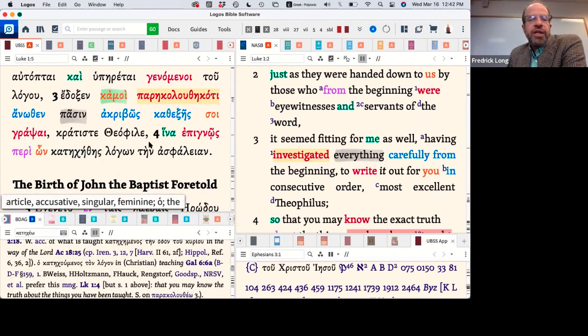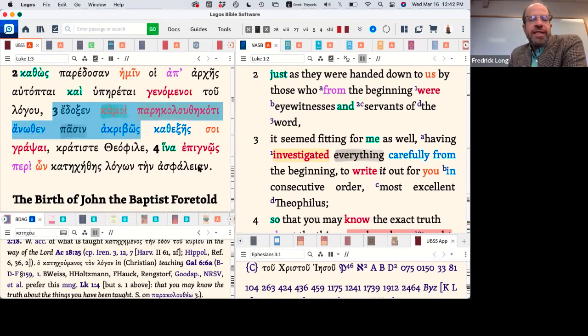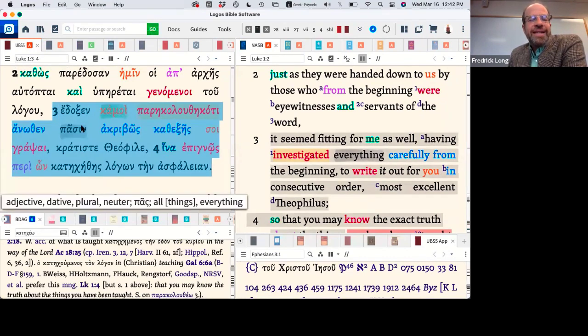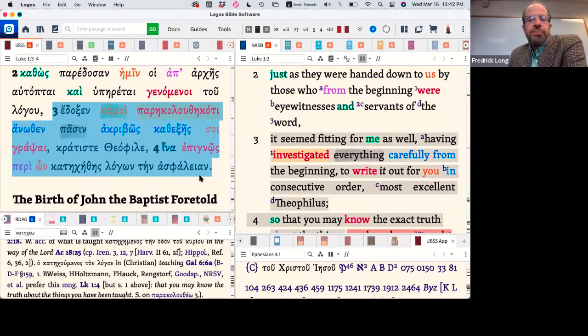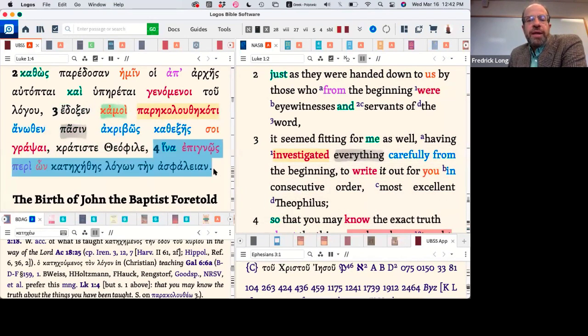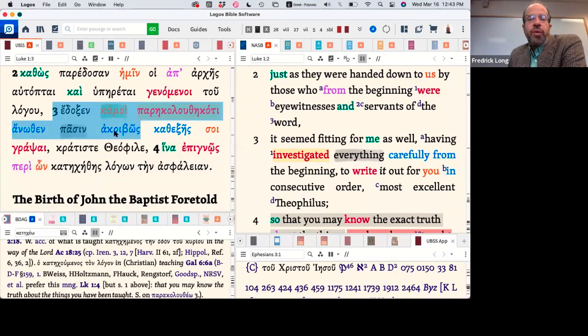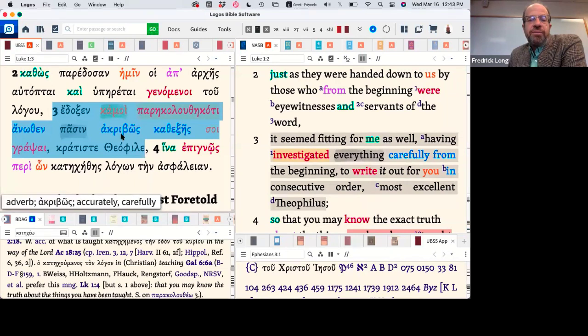All right. So any questions so far? We kind of skipped ahead to the main sentence and its adverbs, and then we went to the purpose clause. And so basically, whenever you have a purpose clause, you need to consider the means by which this is achieved, which is here, to write an orderly account.